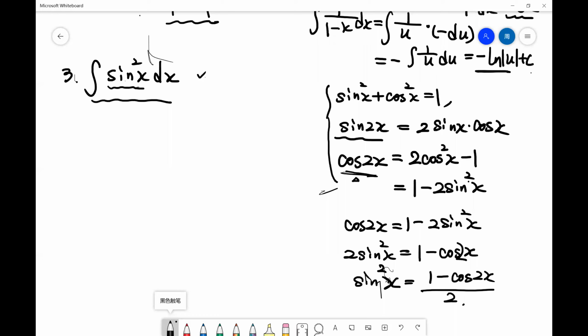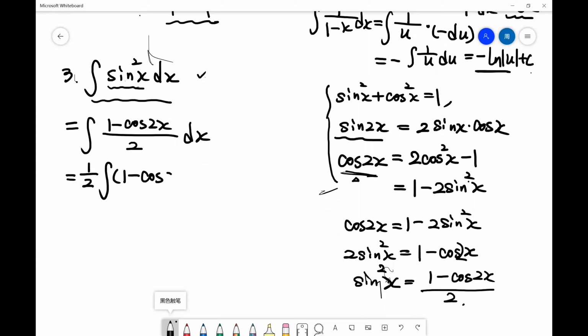So the first step, we have to rewrite the integrand using the formulas here. So that equals the integral of (1 minus cosine 2x) by 2 dx. And the constant 1 by 2 can be taken out. So that equals 1 by 2 times the integral of 1 minus cosine 2x dx.